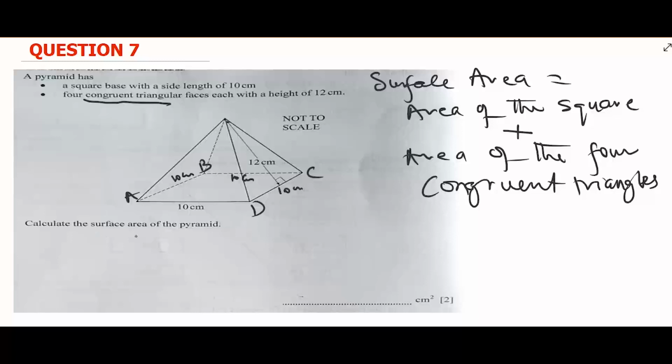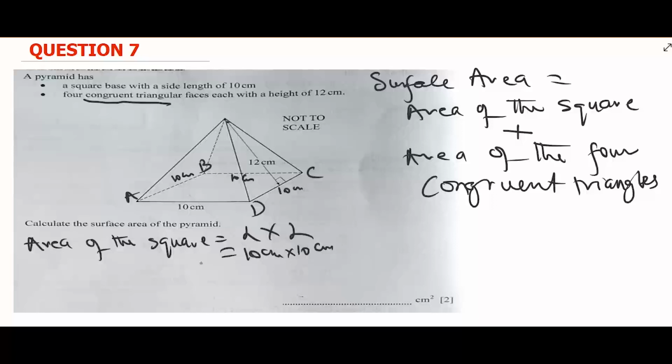So now to get the area of the square first, the area of the square will be equal to length times length. So which is what? 10 centimeters times 10 centimeters.